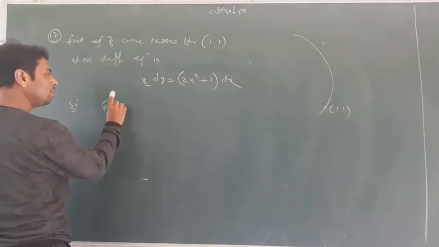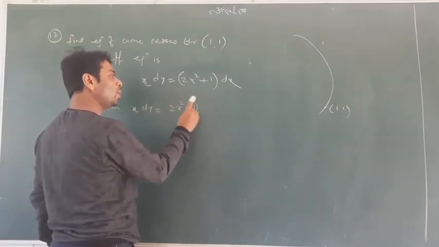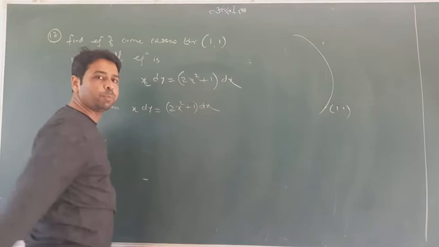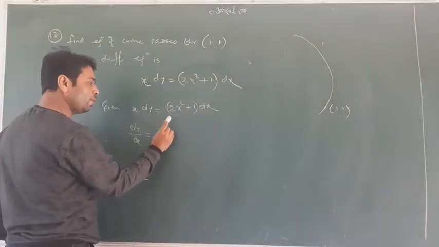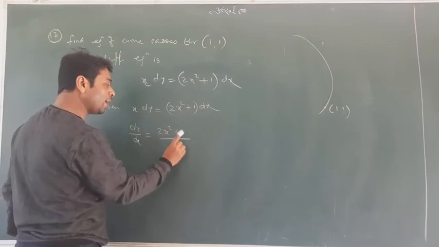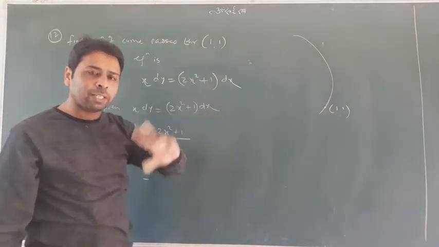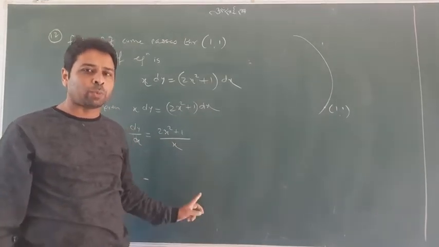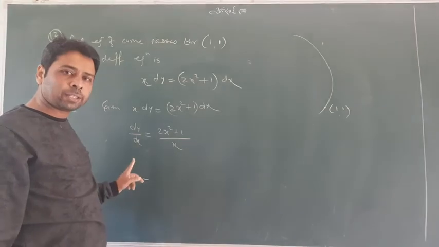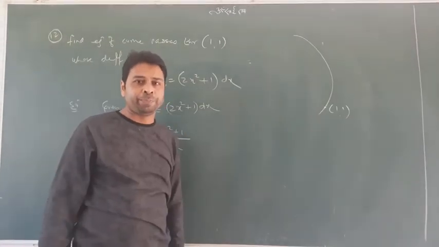We are given x dy is equal to 2x square plus 1 into dx. What I will do? A very beautiful thing I am telling you. First of all, students, always make a habit to write like that. Even if the differential equation was given in a different way, make a habit to write it in this way. First write dy by dx, and second, whatever the rest of the terms are, and then decide the method.